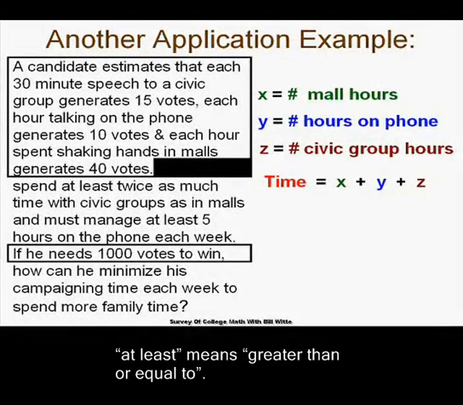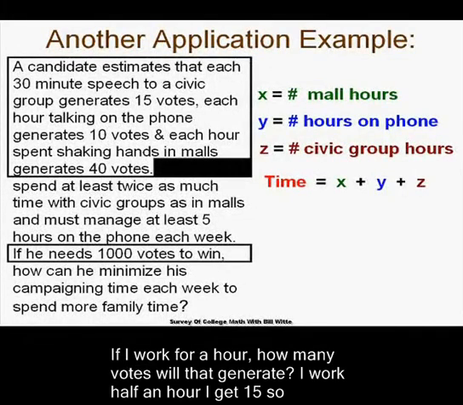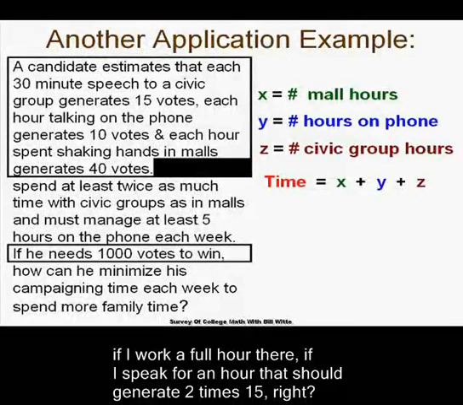Now this civic group thing, 30 minutes, if I work an hour, how many votes am I going to get? If I work half an hour, I'm going to get 15. So if I speak for an hour, I'm going to get 2 times 15, right?